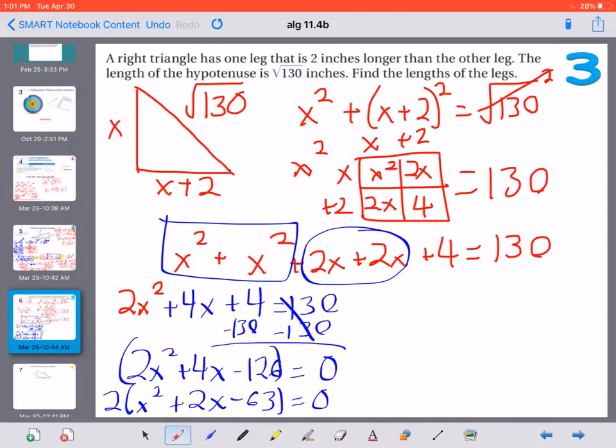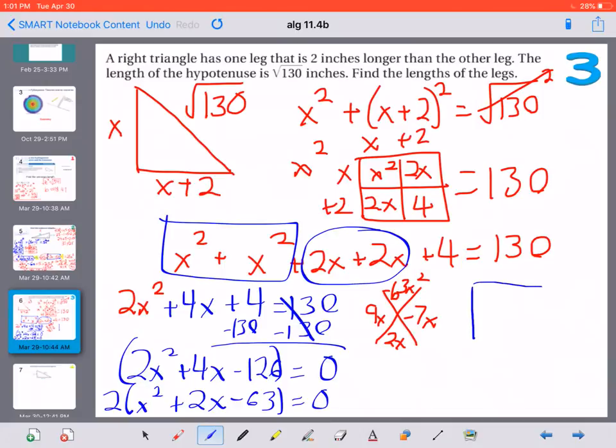So then we just got to factor this out. We will have negative 63 and x squared and a positive 2x, which tells me that negative 63, well, I can do positive 9x and negative 7x and get a positive 2x.